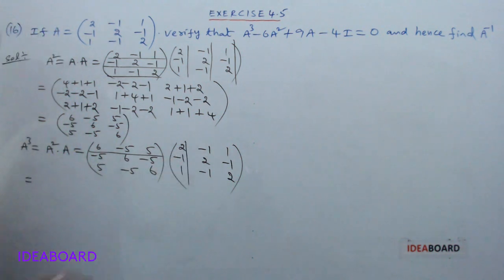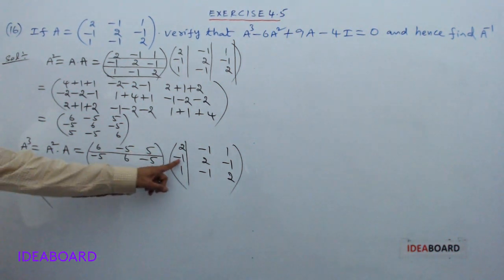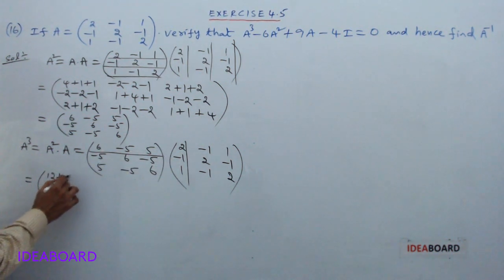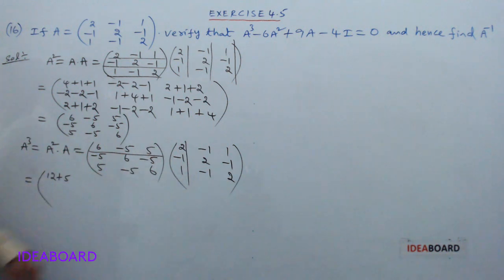First row into first column: 6 into 2 equal to 12, minus 5 into minus 1 equal to plus 5, plus 5 into 1 is plus 5.